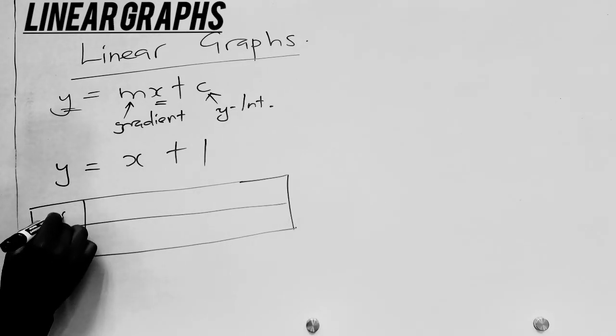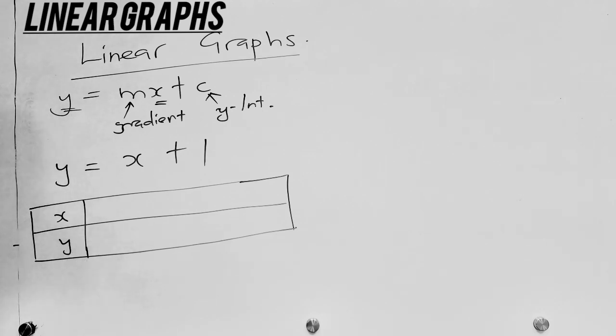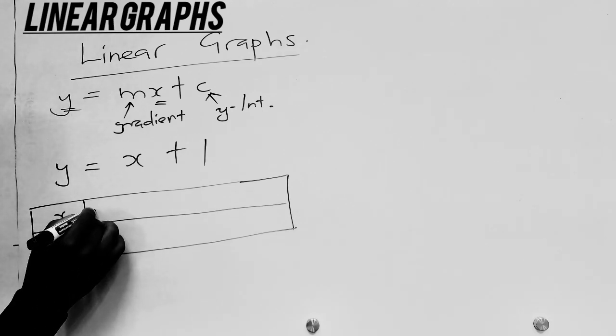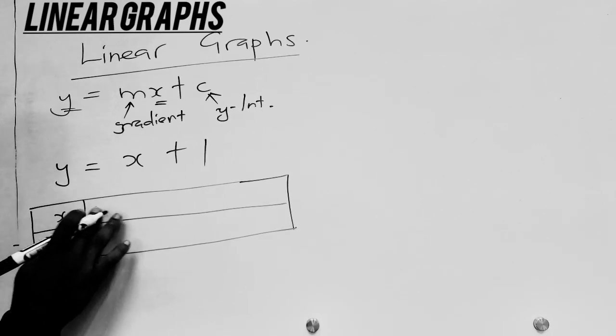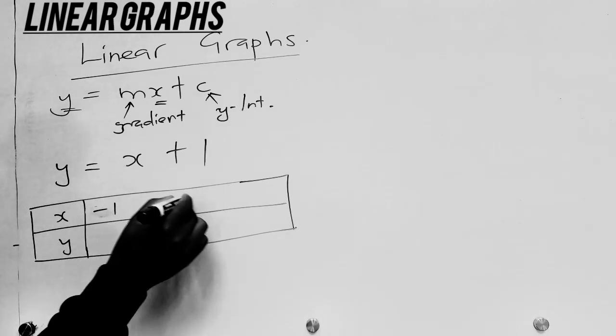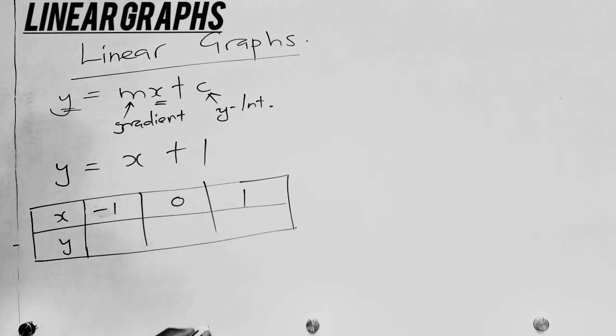This is x, this is y. Let's start from -1, 0, and 1. Those ones will help us to plot or to sketch a straight line. Then we need to find the y values.